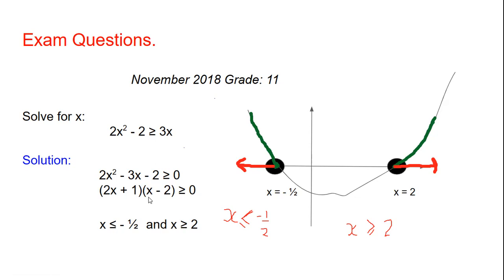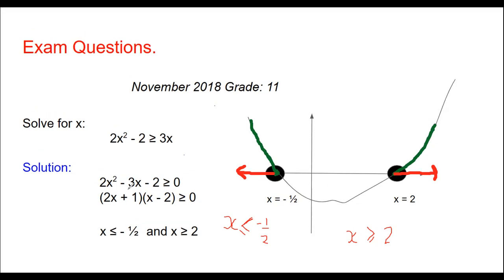And here I have, let me just work this out. So let's say x was equal to minus 1. So I have 2 times minus 1 plus 1, times minus 1 minus 2.